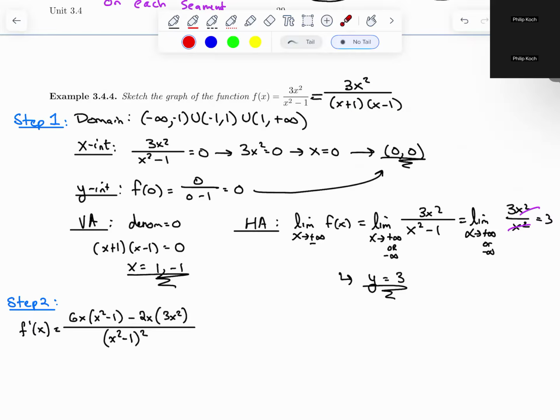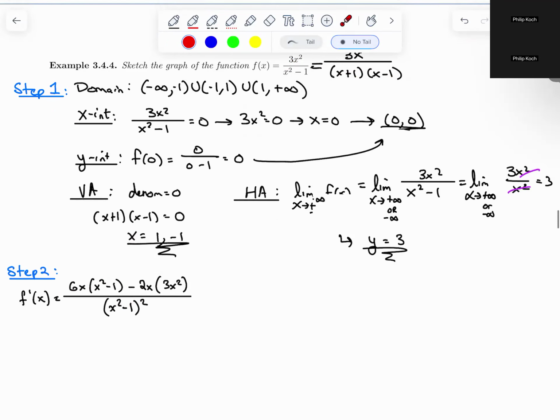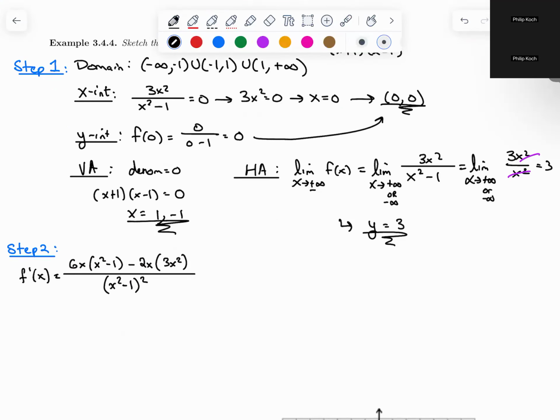So this is all to highlight that sometimes having different formats helps, and it makes more sense to use one format in terms of an operation versus another. So I'm going to use this format to find the derivative, which I found here. When I simplify this, it will become negative 6x over x squared minus 1 squared.